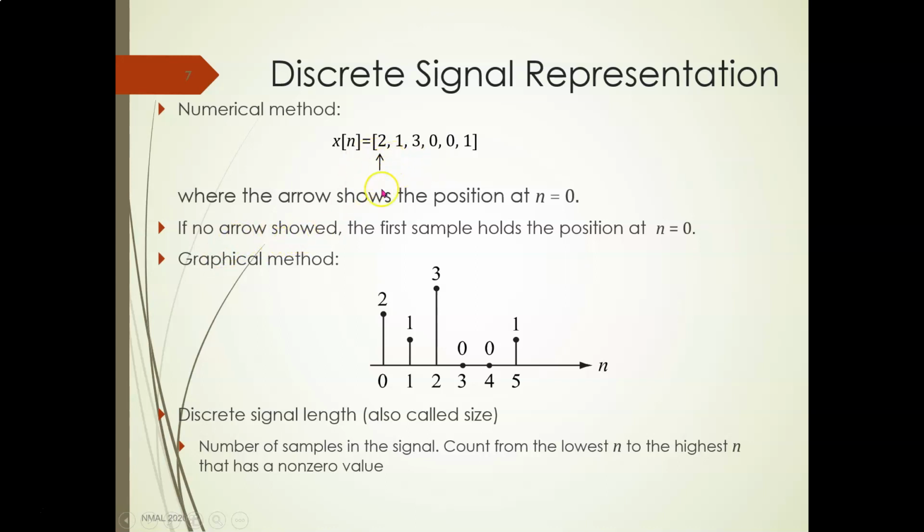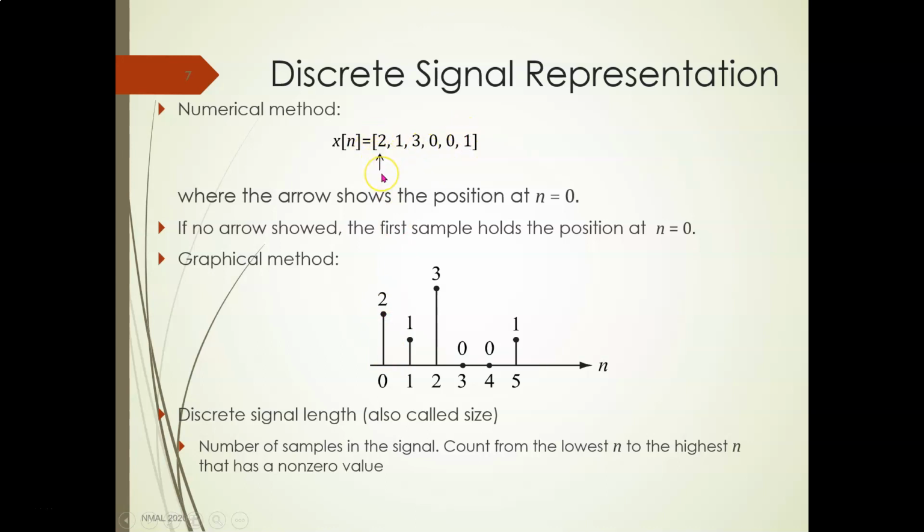If there is no arrow here, the first sample holds the position at n equal to 0. In terms of graphical method, we just plot the signal based on the value represented in the bracket here.